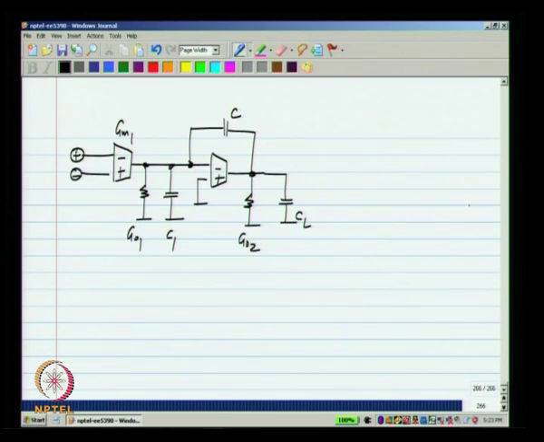Okay. Now, what is the transfer function that we had for this? For V0 divided by the difference voltage Vd or the error voltage Ve.